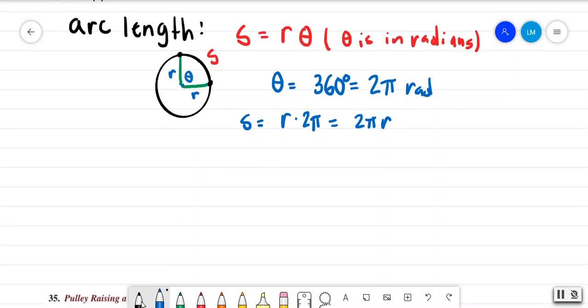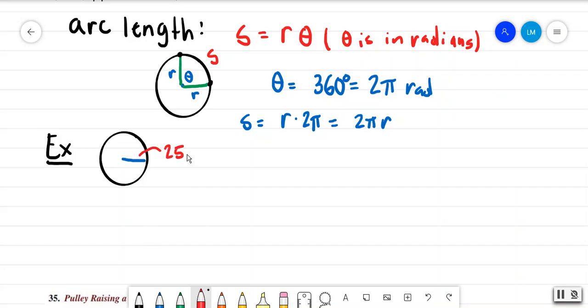Now, let's consider an example. Suppose you have a circle, and that circle has its own radius, which in this case will be 25.60 centimeters.